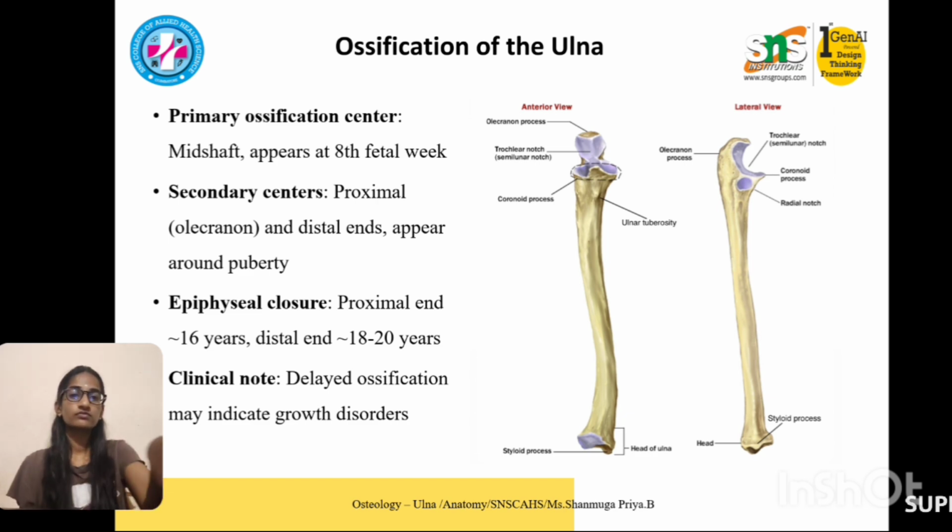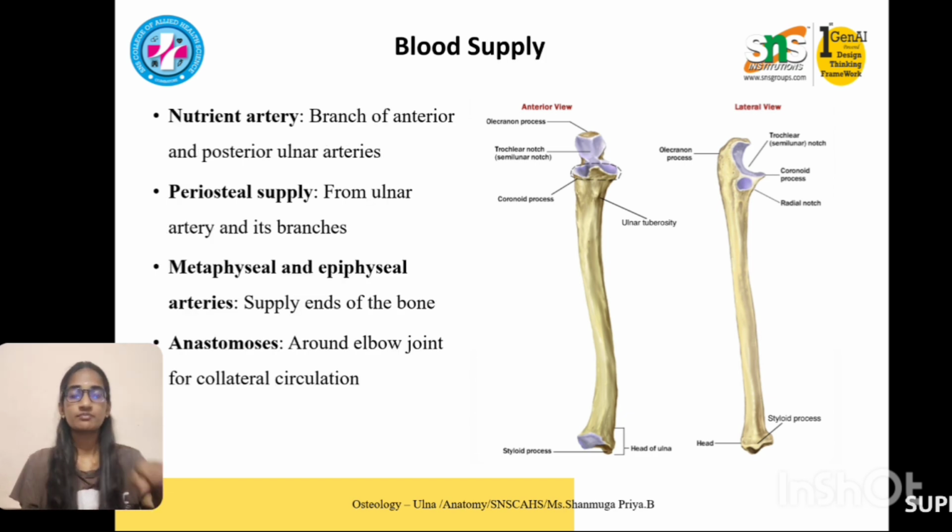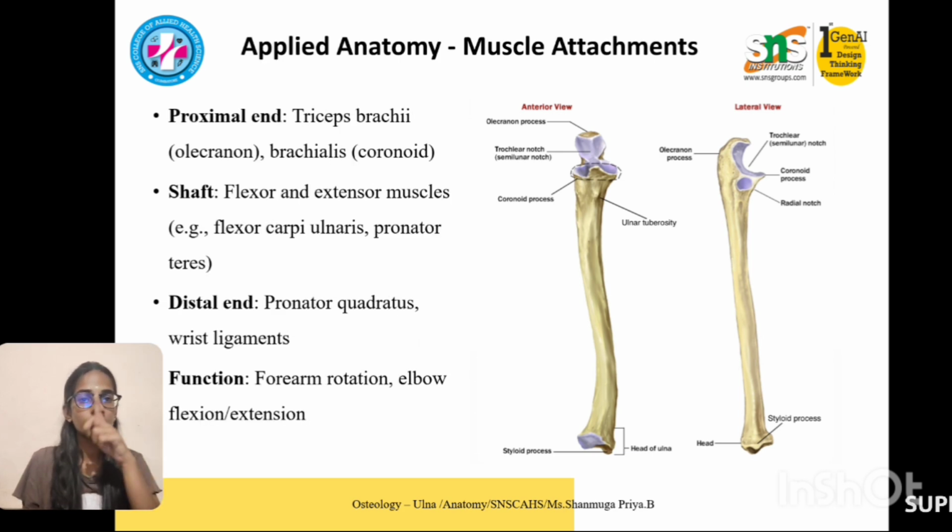And also switching to the blood supply: the nutrient artery from the anterior or posterior ulnar arteries, periosteal branches from the ulnar artery, and anastomosis around the elbow for backup circulation. And the applied anatomy is the muscle attachments.